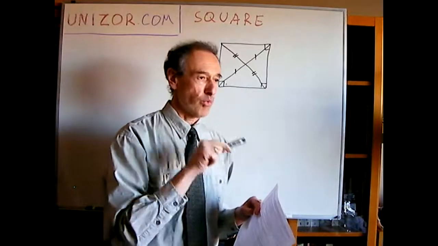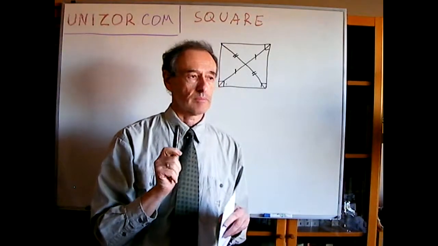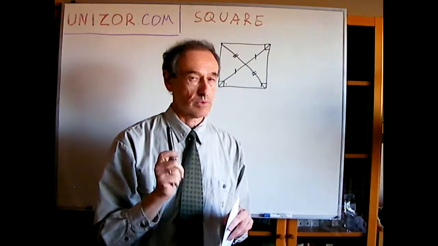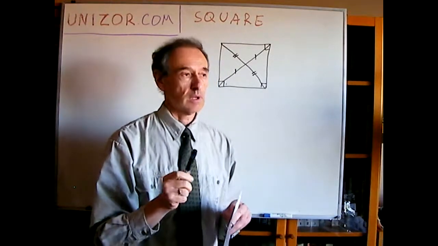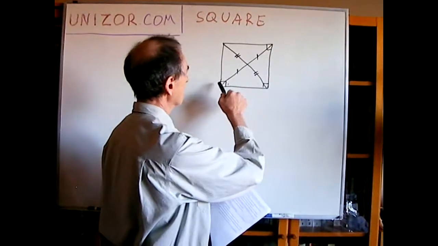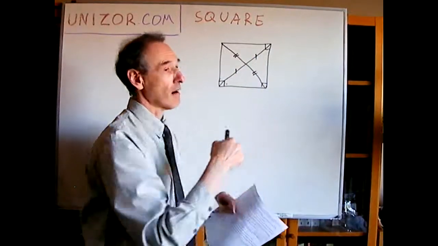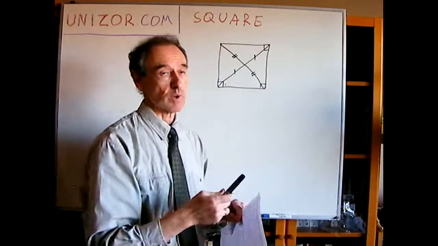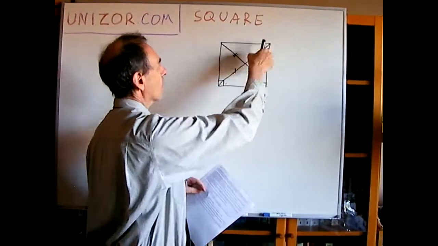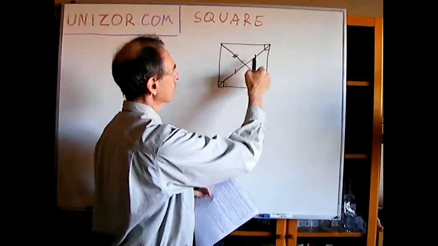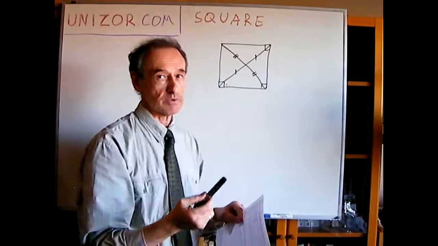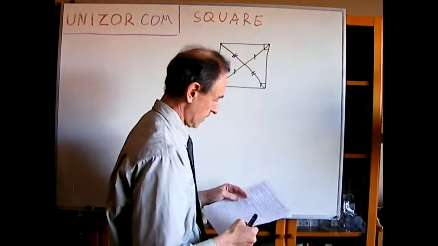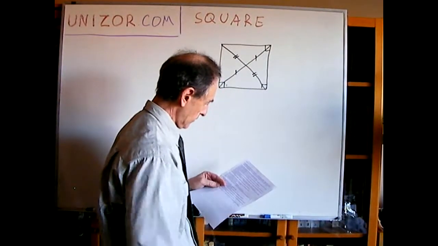Now, for a rectangle, we have proven that diagonals are congruent to each other as well, which means these pieces are all the same. So it's not 2 and 2, it's all 4 the same type of pieces, the same size of pieces. Okay.